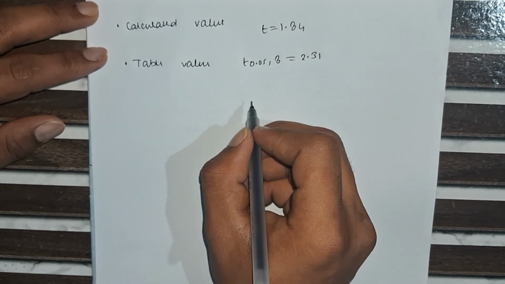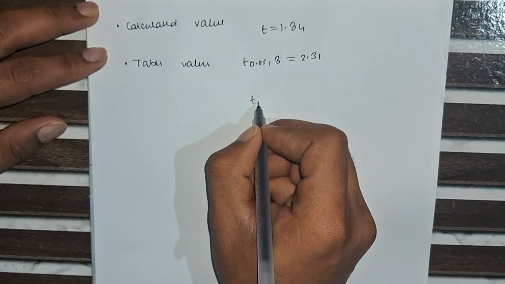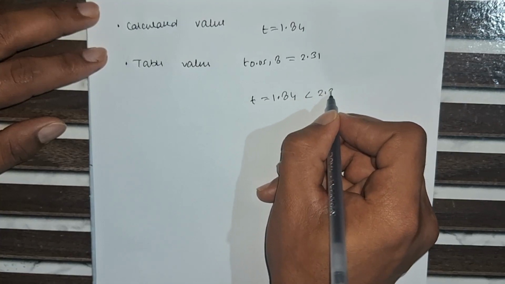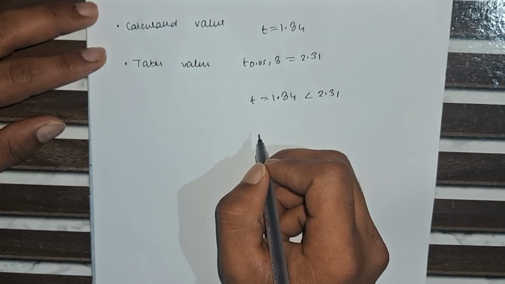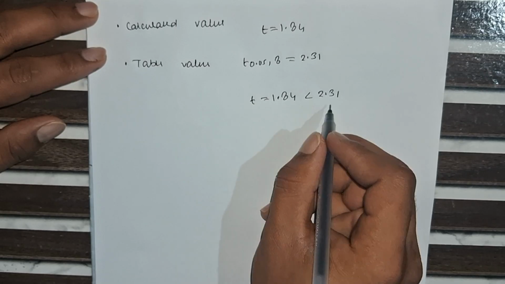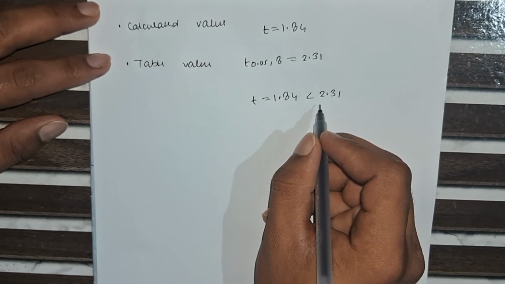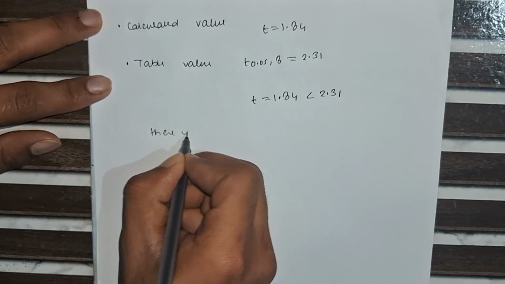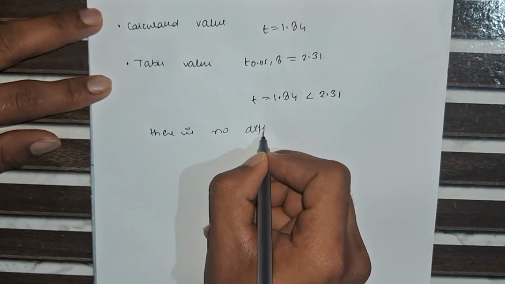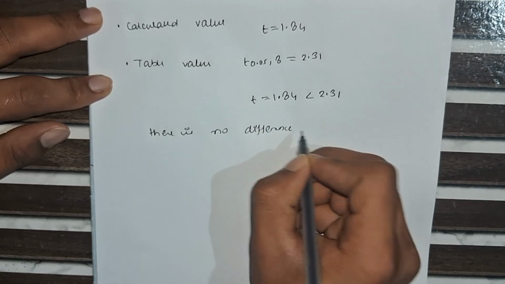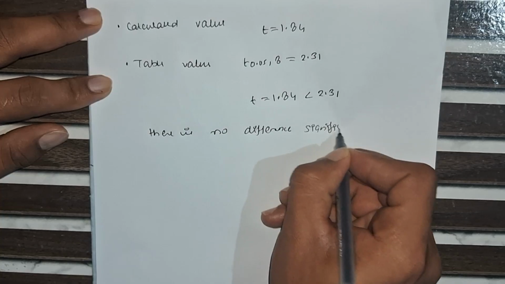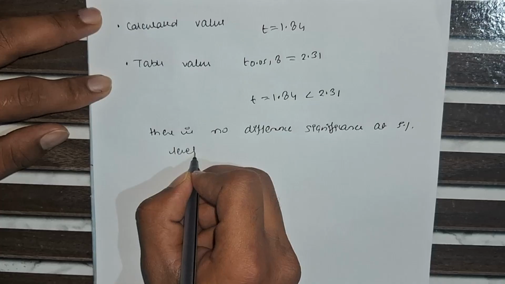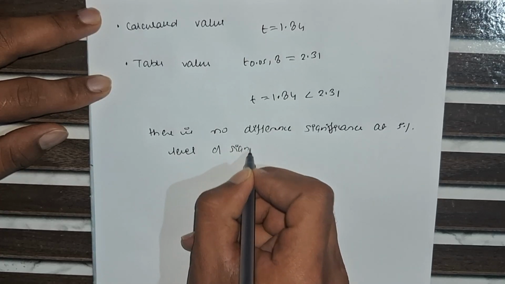You can clearly see that our t, 1.84, is less than 2.31. So the calculated value of t is less than the table value. So there is no significant difference at 5% level of significance.